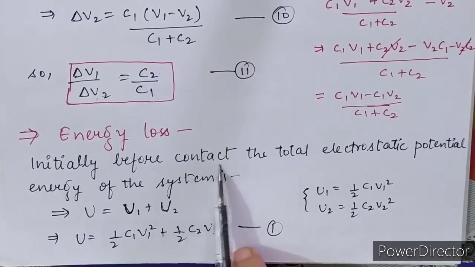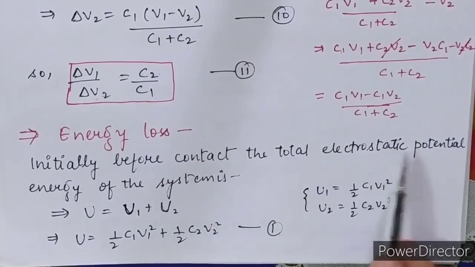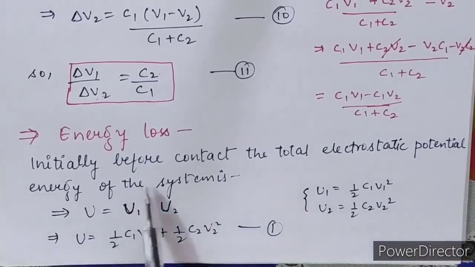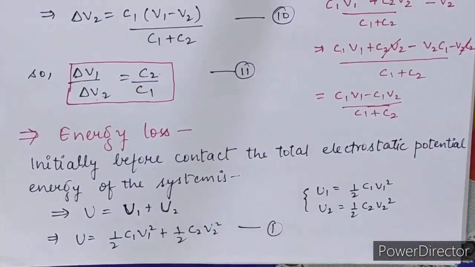Initially, before contact, the total electrostatic potential energy of the system: both isolated spherical conductors are initially not connected to each other by a conducting wire. In the first condition, before connecting, the electrostatic potential energy U is equal to U1 plus U2.